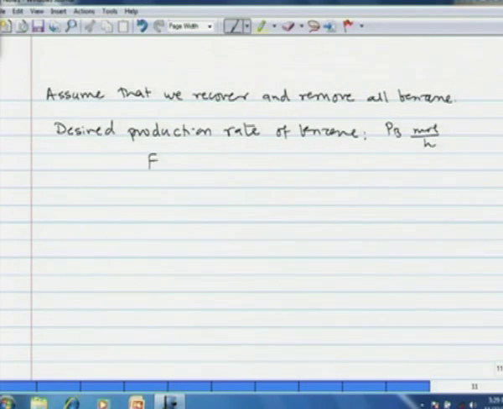Then obviously, the feed rate of fresh toluene, which we denote by FFT, is Pb by S, the selectivity.